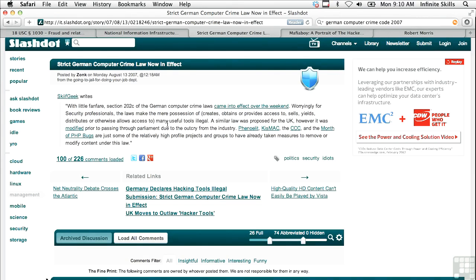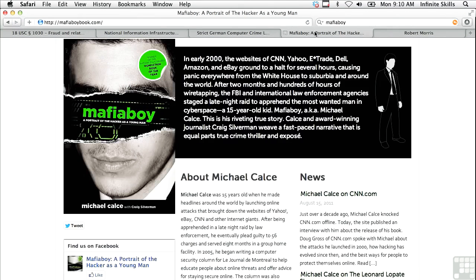So, as I said, there are laws in the United States, there are laws around the world that you need to be aware of if you are engaged in ethical hacking activities. A couple of big examples of cases where people thought they were doing research or claimed that they thought they were doing research and ran afoul of the law. You may have heard of Mafia Boy.